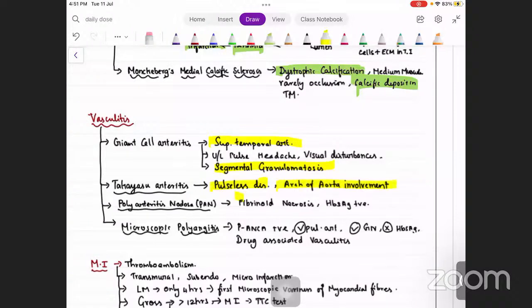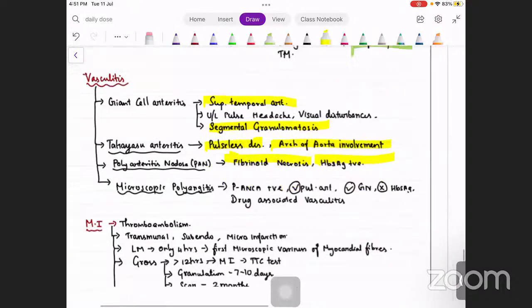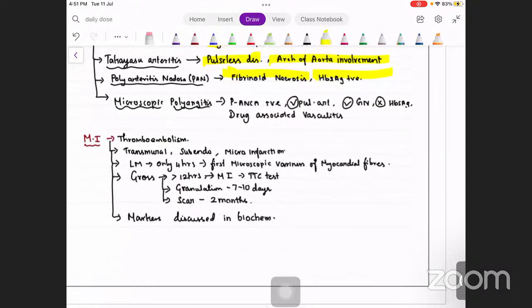Polyarteritis nodosa, fibrinoid necrosis, HBsAg positive. Then microscopic polyangiitis, p-ANCA positive, pulmonary artery, glomerulonephritis, and no HBsAg positive, and drug-associated vasculitis. So 3 P's for microscopic polyangiitis: p-ANCA, pulmonary, and kidney.